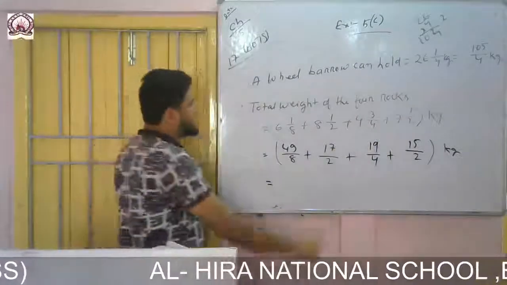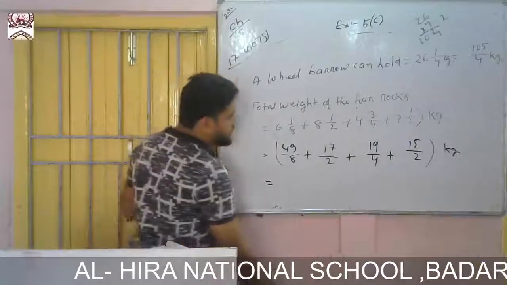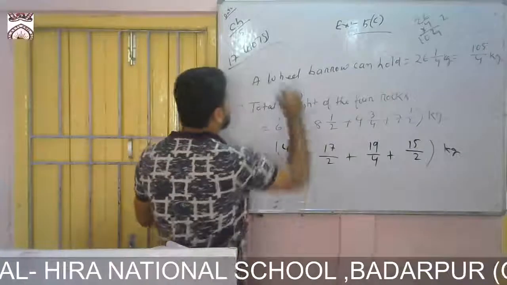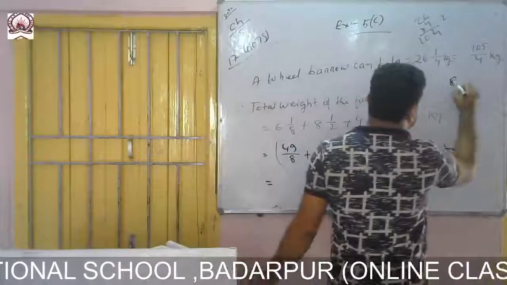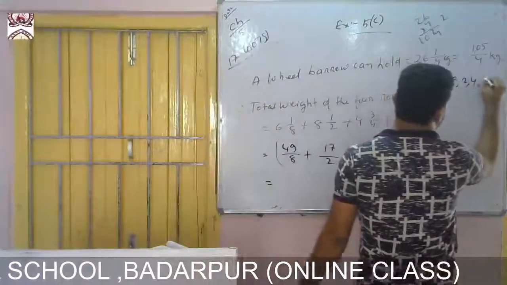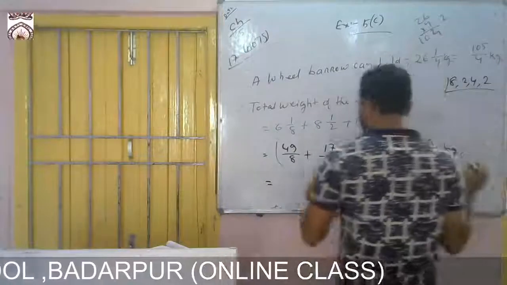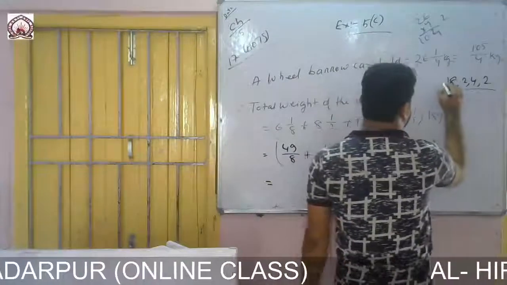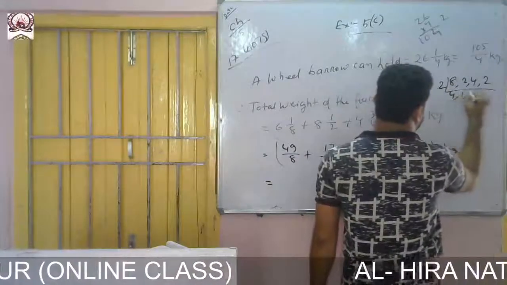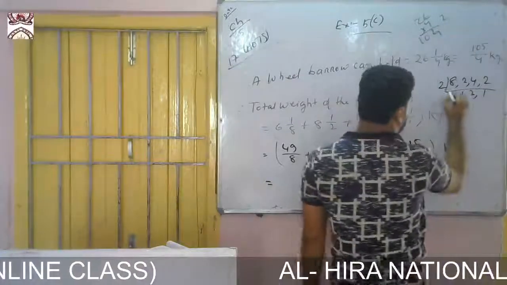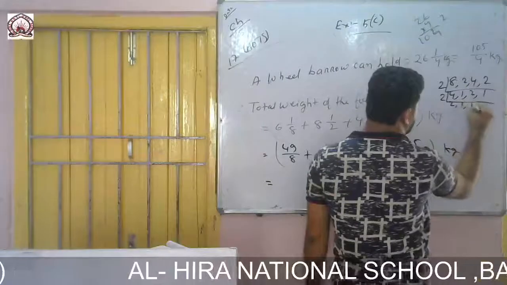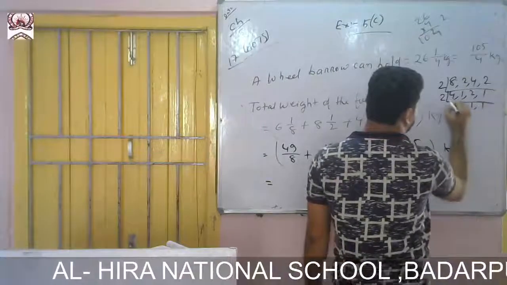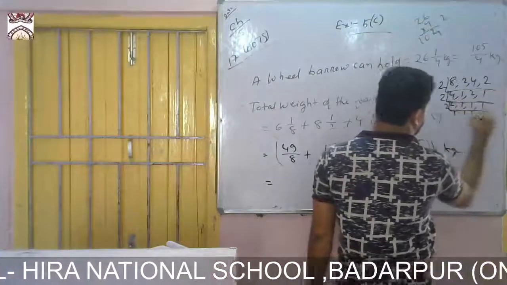Now we take the LCM of 8, 2, 4, 2. With 2: 2 2s are 4, 2 1s are 2. Again with 2, 2 2s are 4, 1 remains.